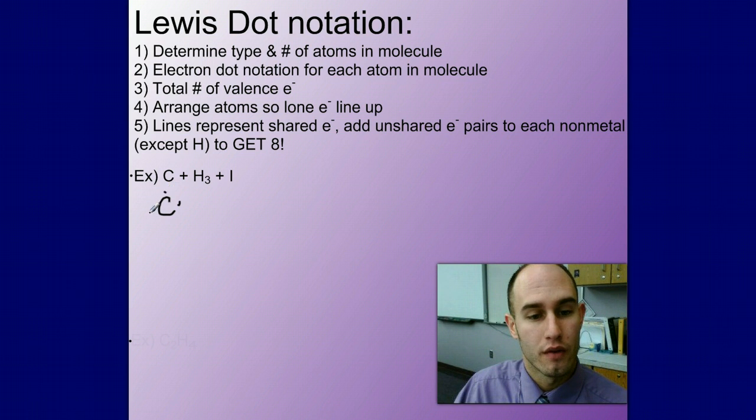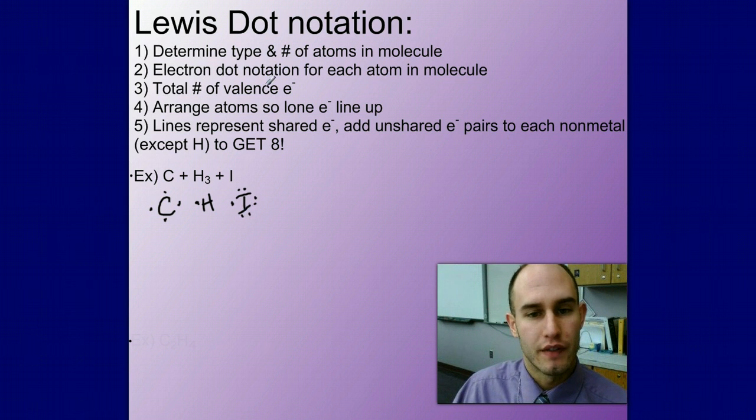It's going to have 4 valence electrons, so we have 4 electrons represented there. Each hydrogen is going to have 1 lone electron, and the iodine here is going to have a total of 7 electrons in its outermost energy level because it's group 7A.